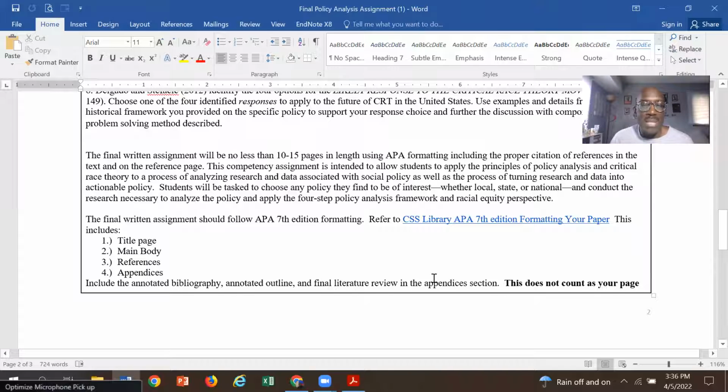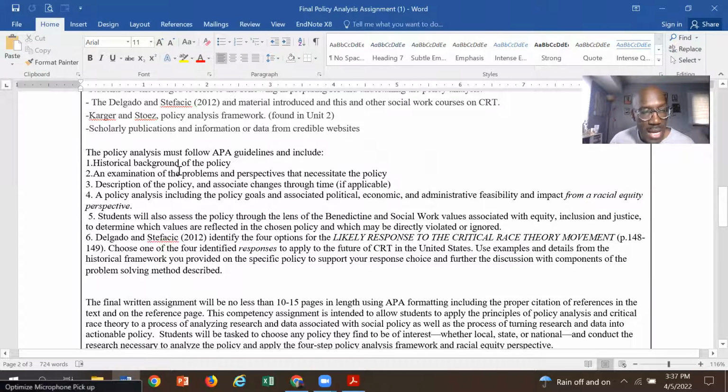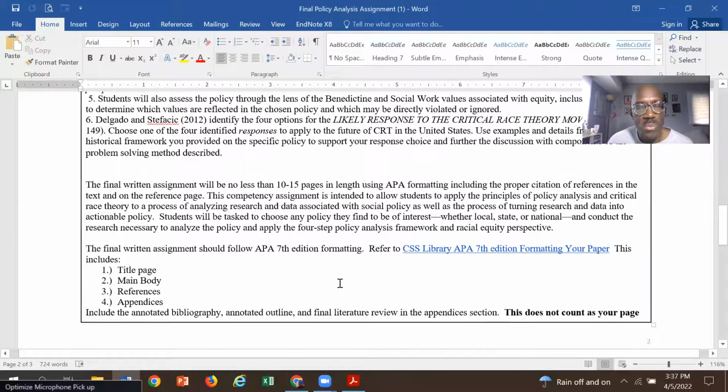Some things you can do that might make life a little easier as you're formatting your paper: these 6 items that your policy analysis must address could also be the subtopic headings in your paper, and underneath each of those sections you thoroughly answer all of the questions associated with that piece. That could constitute the body of your paper, preferably laid out in the order that these questions are listed, which would probably make the most sense in terms of moving forward with that.